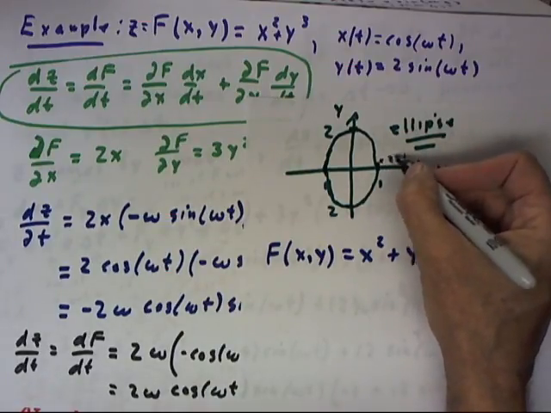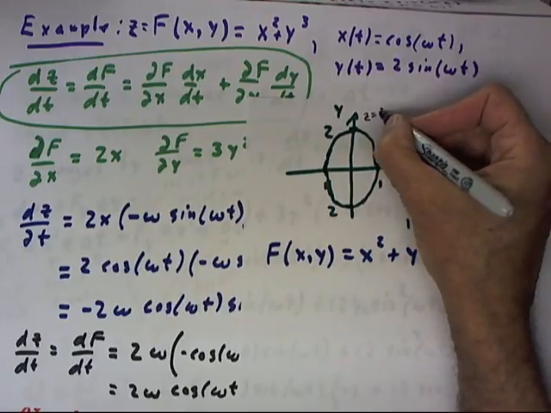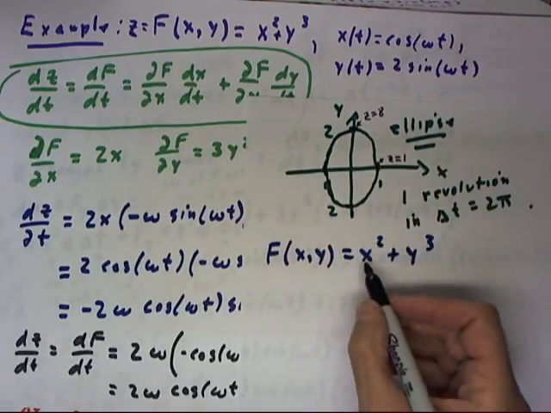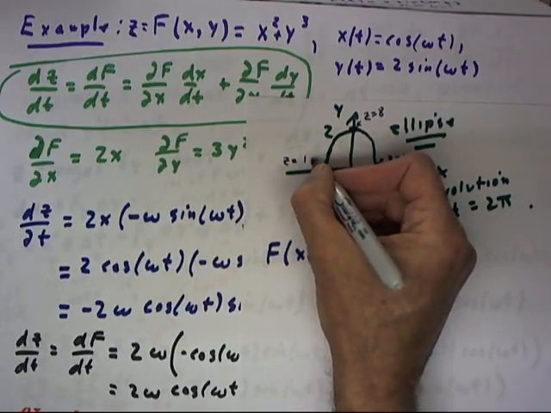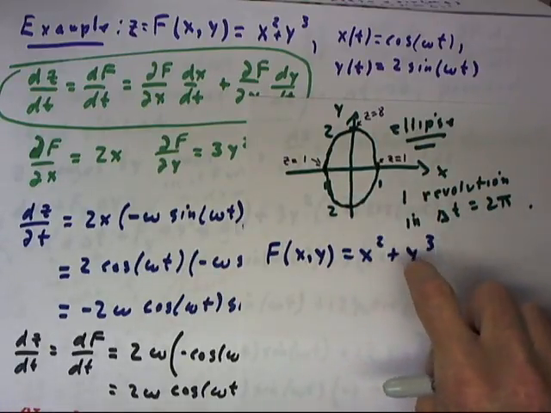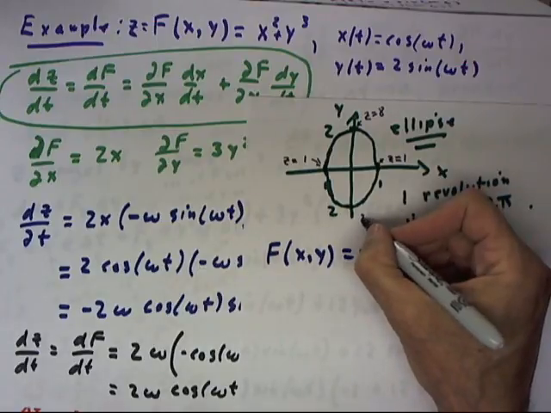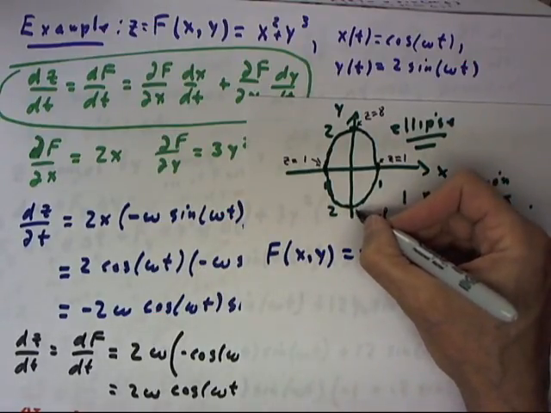Up here, z equals 8. And down here, since x is being squared, of course, z is back down to 1. And down here, y will be negative 2, so that z is going to be negative 2 cubed, which is negative 8.